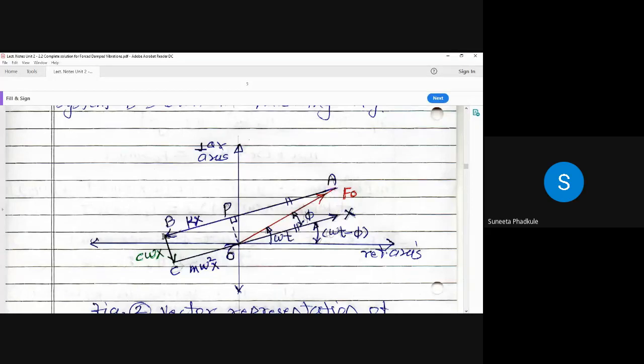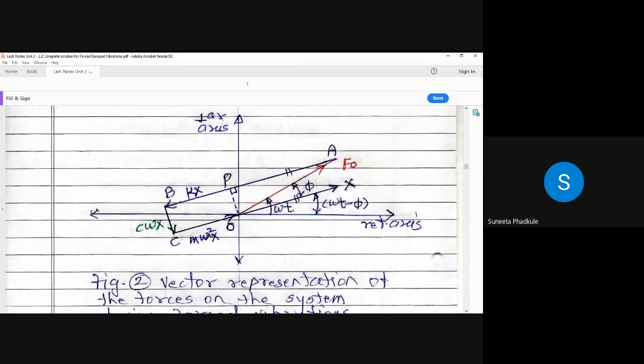And this damping force is always opposite to the velocity, because you know the damping force is c into x dot. So this is your velocity vector in this direction and opposite is the damping force. So the damping force is exactly opposite to the velocity. The spring force is exactly opposite to the displacement.